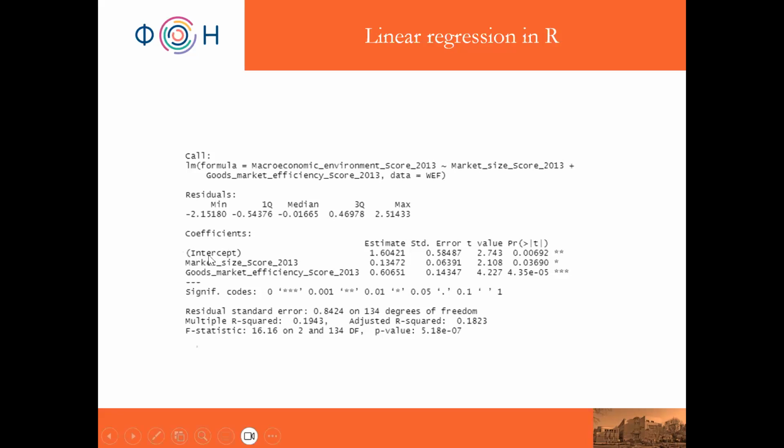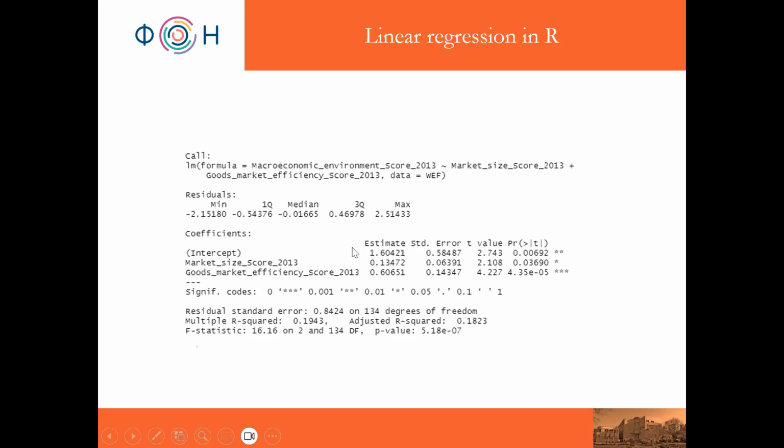So as we can see, our rows are our model elements: the intercept, or our constant, and two independent variables. The first column which we have is estimate. Estimate is the value which is estimated on our sample. So these are the estimates by ordinary least squares.